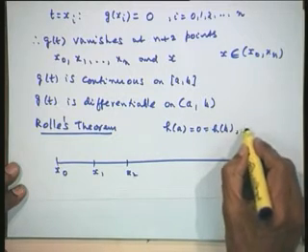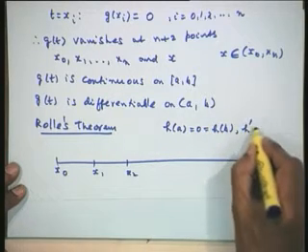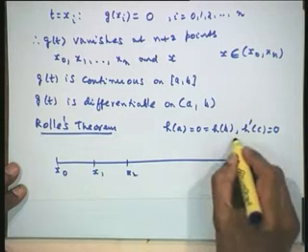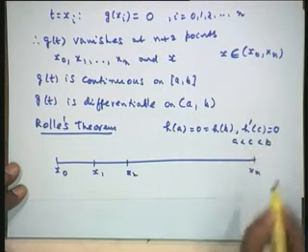That is, there exists a point c, lying between a and b, at which h'(c) is equal to 0.